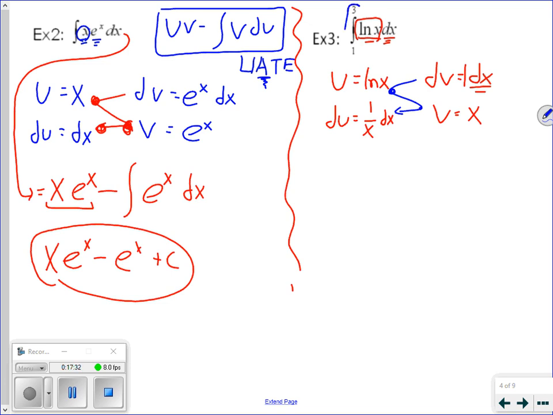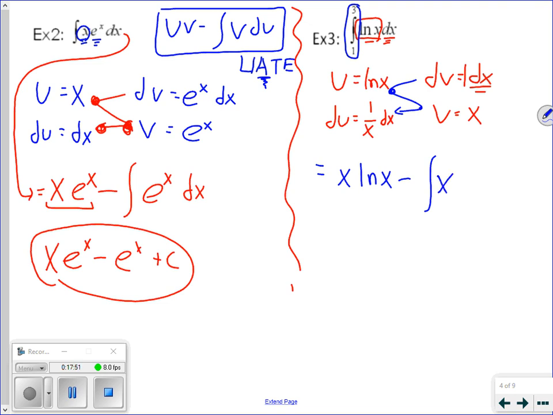And let me explain how it works with definite integrals. Don't do the definite integral until the very end of the problem. That's my suggestion. So this is equal to uv, or x ln of x, minus the integration of v du.